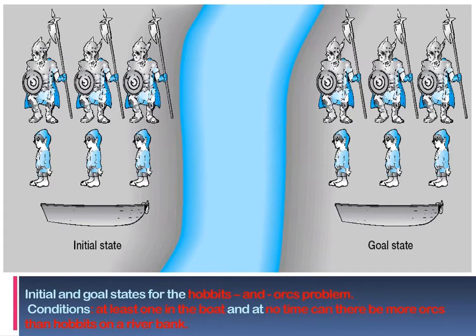Okay, how can you move them without any hobbit getting eaten? If you want to know the answer, you can try this problem, or if you're too impatient, you can just look for the answer.